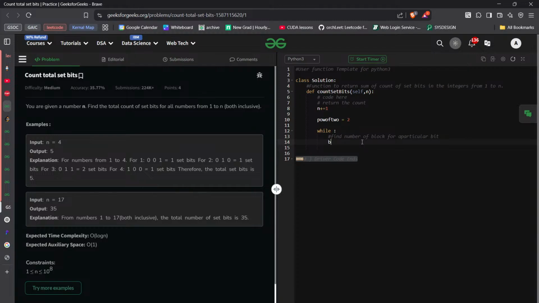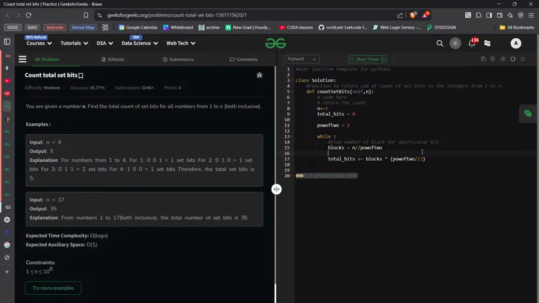Blocks is equal to the number that we have divided by power of 2. So total bits is a variable which I'll update slowly. Total bits plus equals to number of blocks, and in each block how much will I have? In each block I'll have half the size of power of 2, power of 2 divided by 2, right? So I have found total bits.